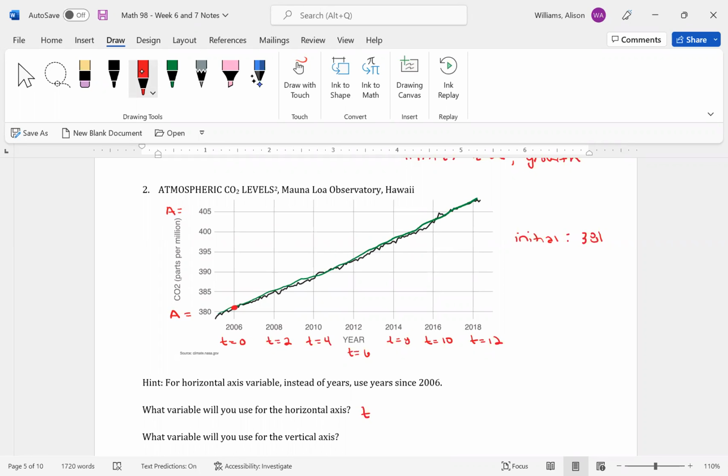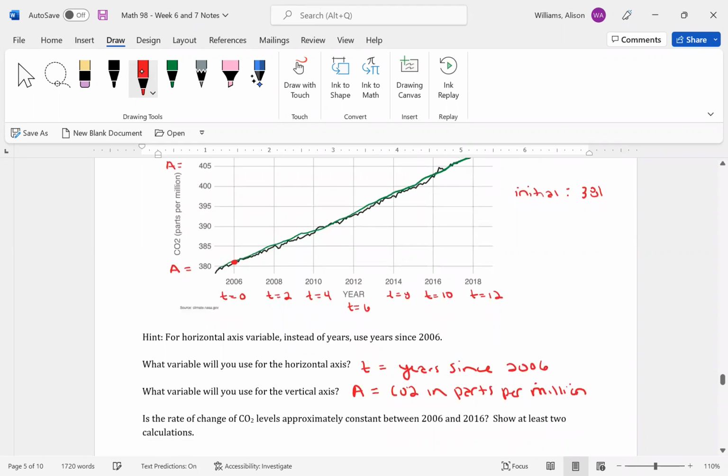So we'll use A, which is the CO2 in parts per million, and t, which is time, or years since 2006. That was based on their hint.